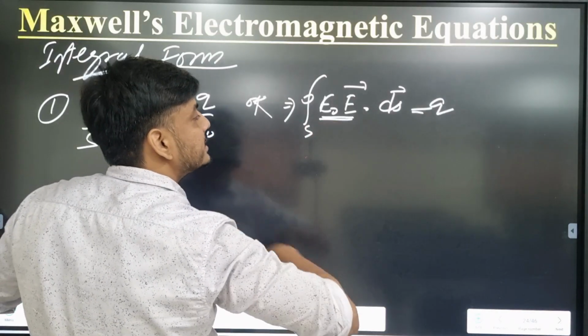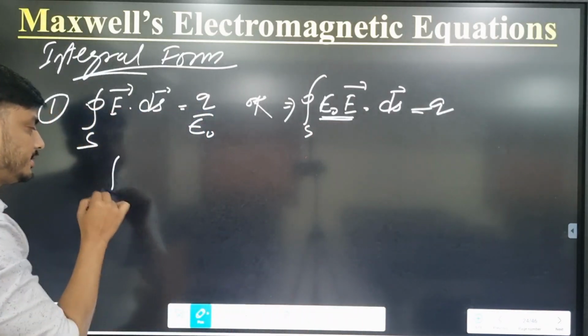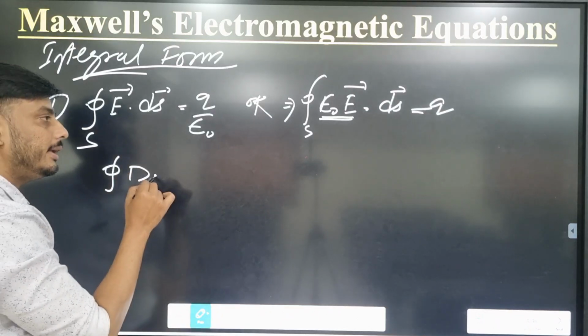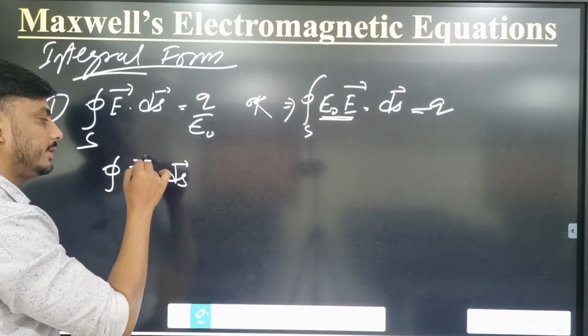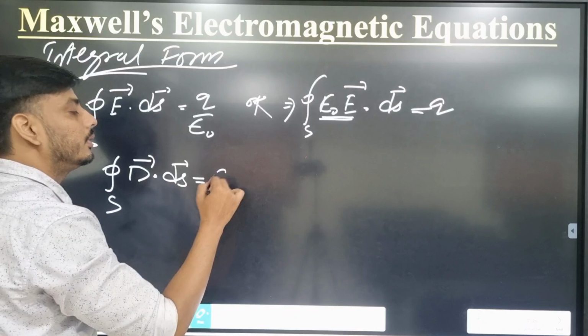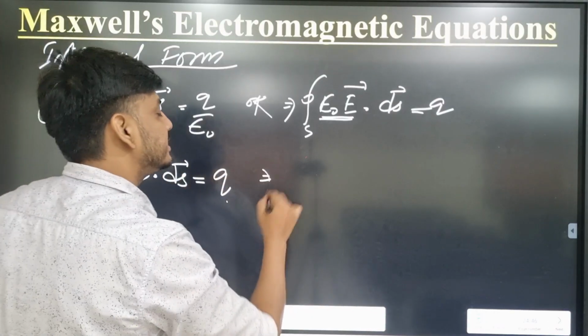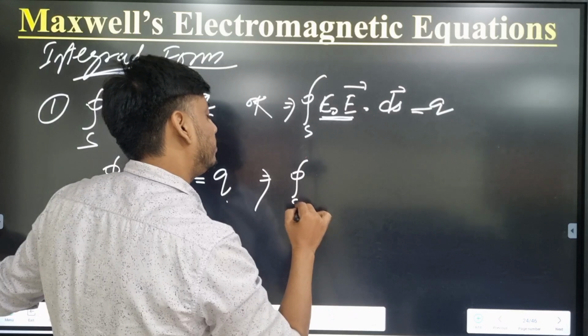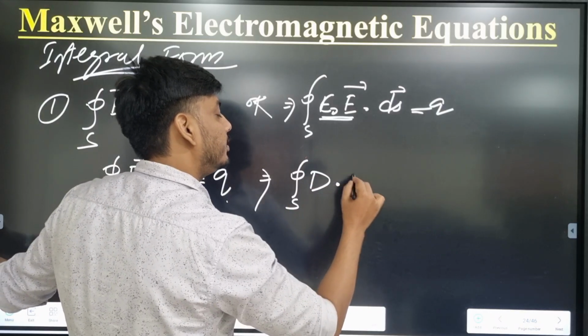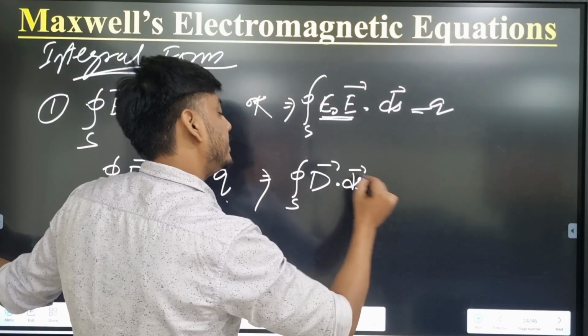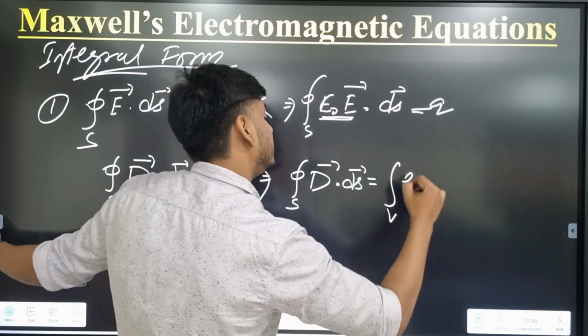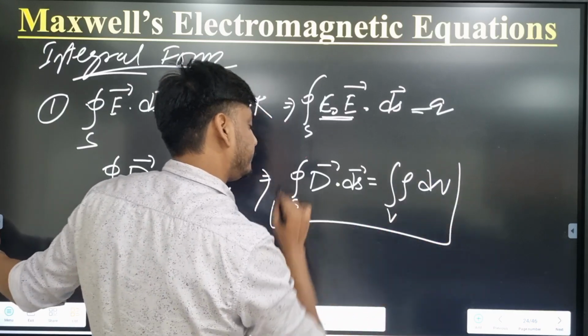Epsilon naught E is said to be capital D. So this is integration over S of D dot ds equal to Q, or in terms of volume charge density you can write integration over S of D dot ds equal to integration of rho V over dV.